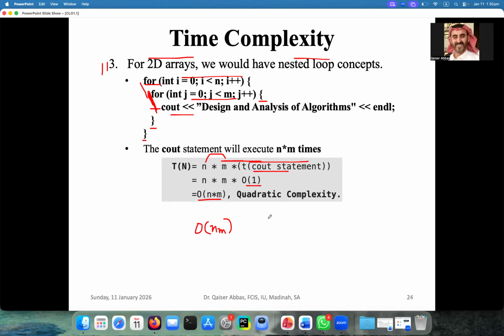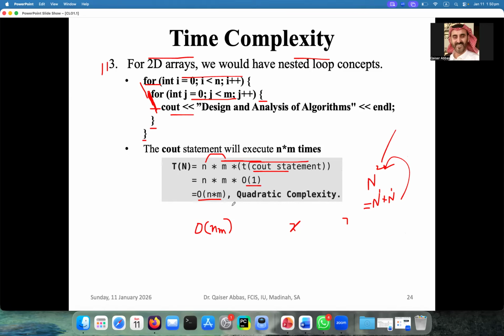And this is called quadratic complexity. Why is it called quadratic complexity? Because if I say n is equal to 2, this 2 means quadratic. I can write n multiplied by n, I can write that algebraically, n times n becomes n squared.